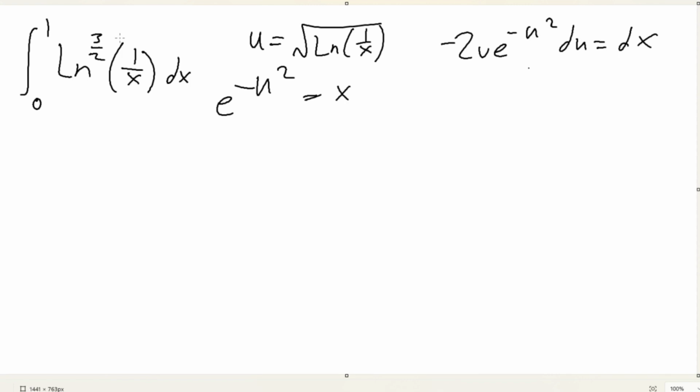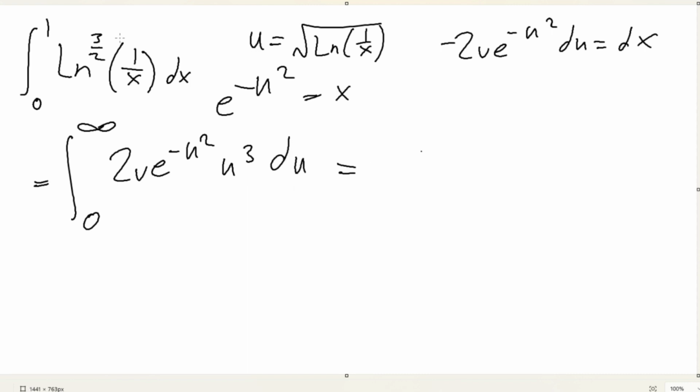So now what we have is, let's see, plug in 0, get infinity to 0, just utilizing this negative 2u e to the negative u squared, u cubed, so that's technically what we have, du, so it's 2u to the power of 4.